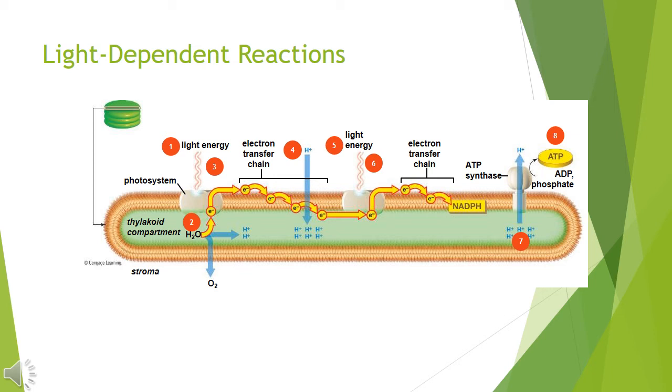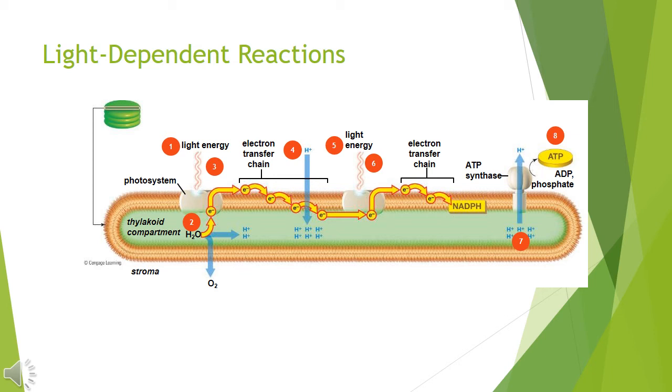So really quickly, light comes in, water's broken up, oxygen's released, hydrogen moves down the compartment, electron transfer chain happens, more hydrogen ions are produced and moved downward to the right. Then it repeats with the light energy and electron transfer chain.